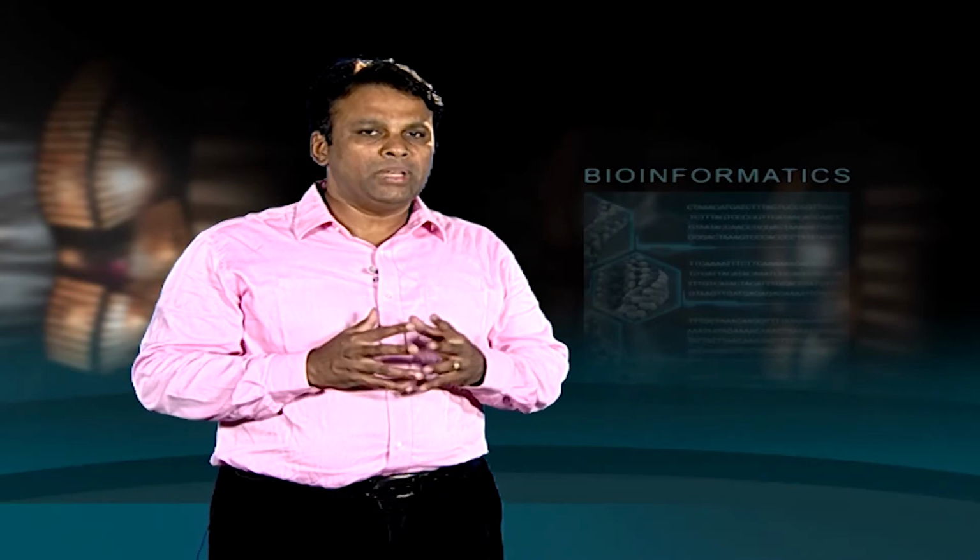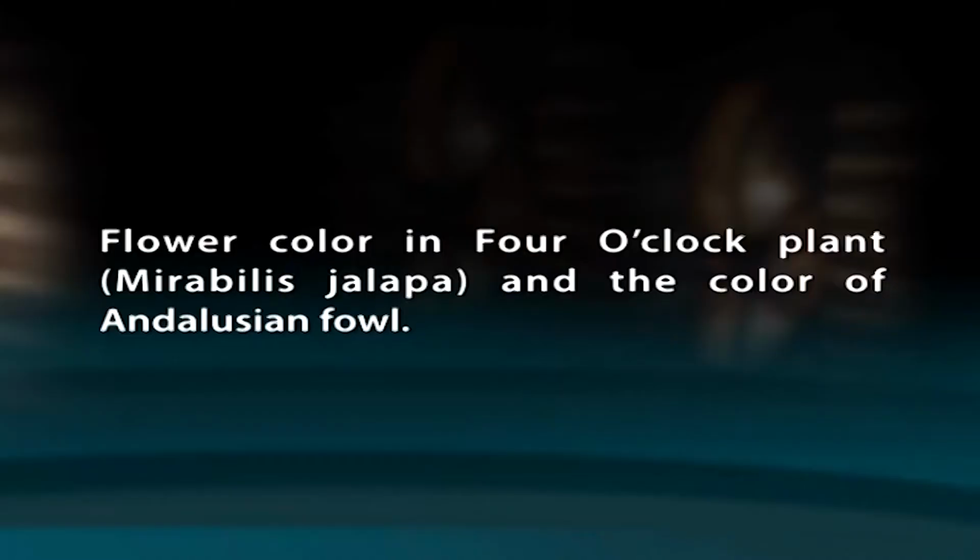This is seen as an exception to Mendel's law of dominance. Genetics has identified innumerable examples of incomplete dominance in plants and animals. For example, flower color in the four o'clock plant, which is called Mirabilis jalapa, and the color of the Andalusian fowl.